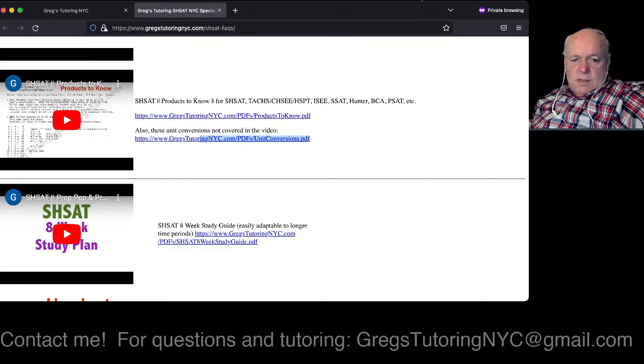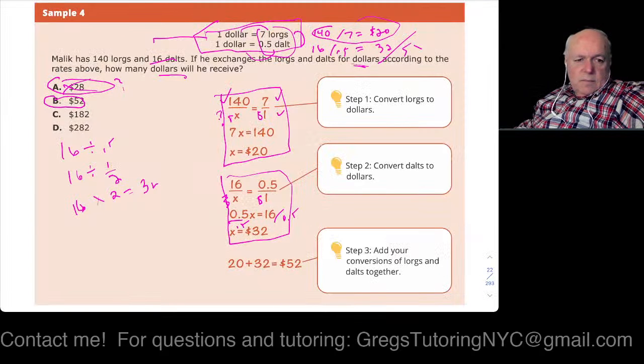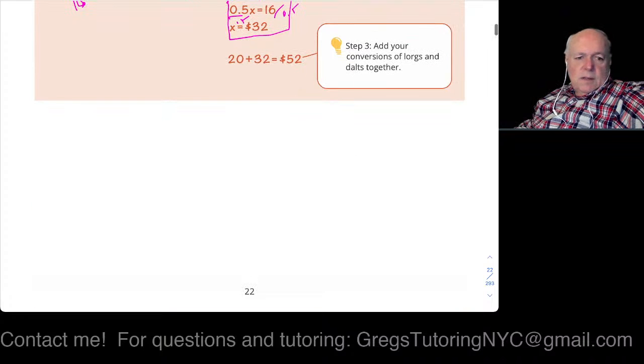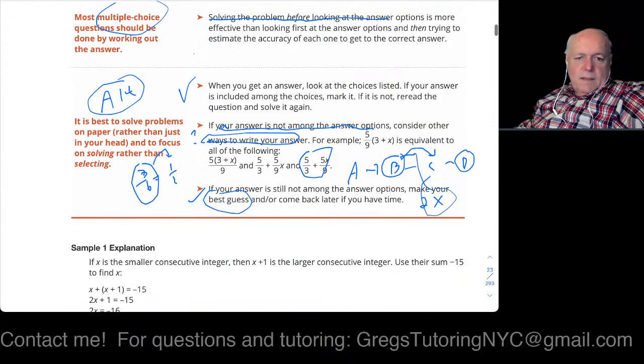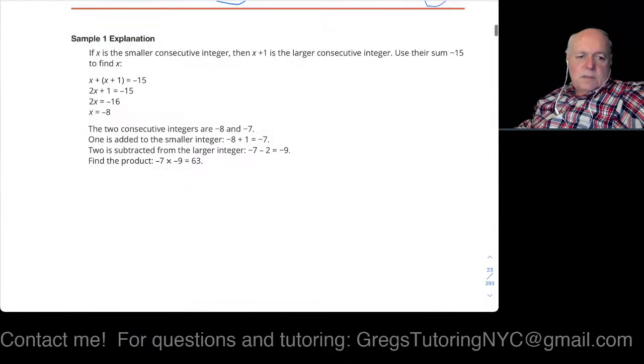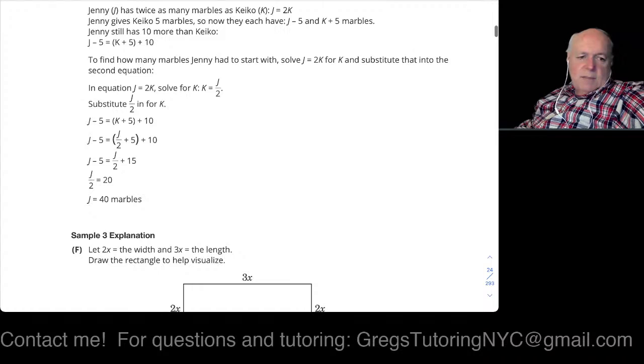All right, let me go back to here. Let's see, where did we have going on here? So let's get rid of that. That might be the last question actually. So let me see what they have here. Sample 4. Yeah, there's the explanations. If you want alternate forms, I didn't follow this exactly. There is variety in some of this.